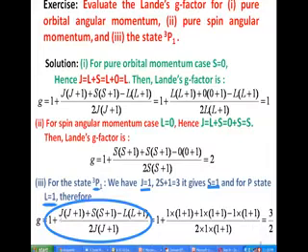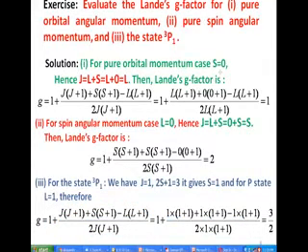Here we substitute the values J equal to 1, S equal to 1, L equal to 1. On solving, we get the value of G in this case to be 3 by 2. Again, we conclude here that for different states, the value of the Lande G factor is different.